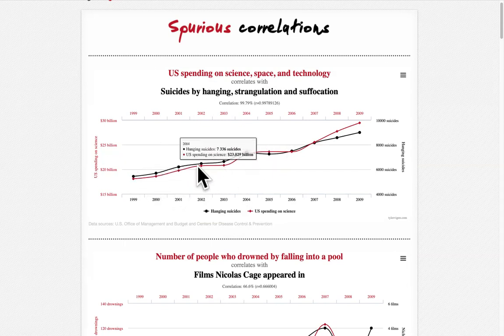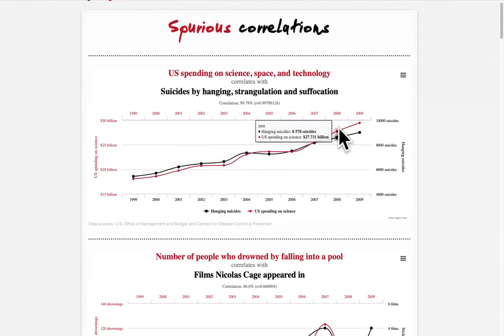When the US spends more money on science, space, and technology, interestingly, the number of suicides by hanging, strangulation, and suffocation also increases, and they match pretty well.